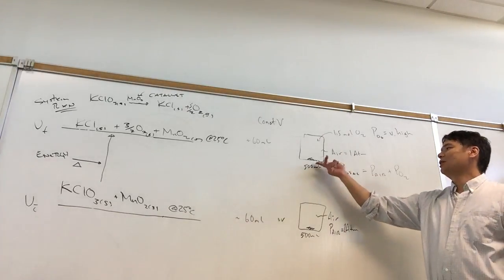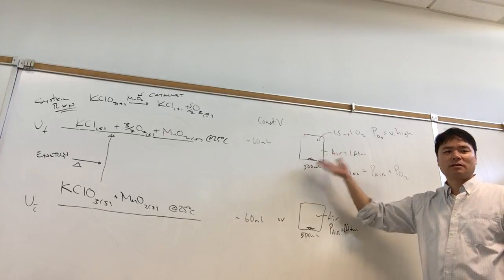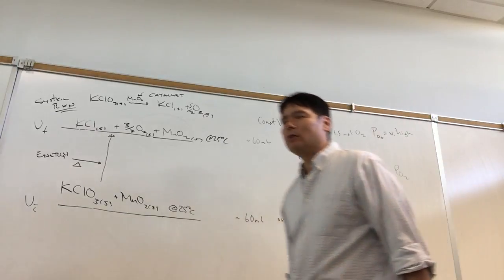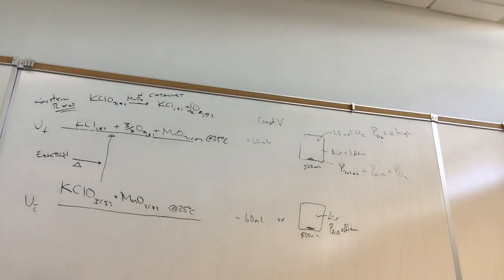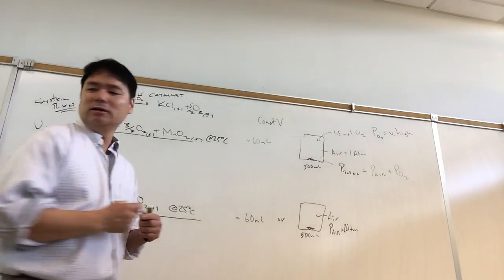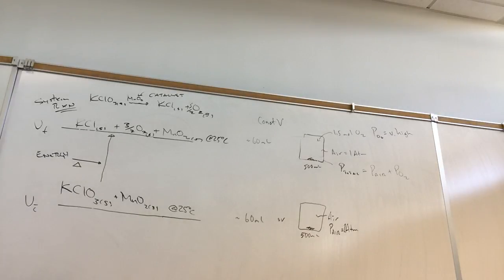Well, anyway, the pressure is going to be very high here, so the container has to be strong. Whenever we work with a constant volume system, we typically use a container that is exceptionally strong, and this container is given a name.